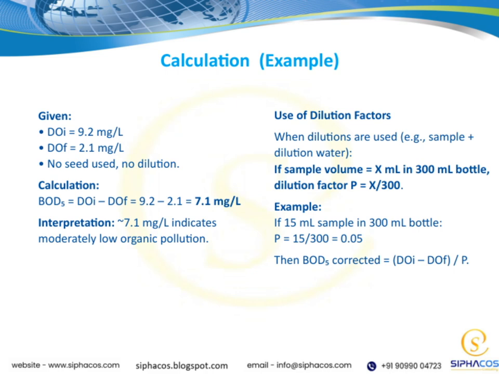This value, around 7.1 mg/L, suggests a moderate level of organic pollution in the sample. So the key takeaway here is that understanding and applying the dilution factor correctly is crucial for accurately interpreting BOD data, especially when samples are diluted to ensure precise measurements.